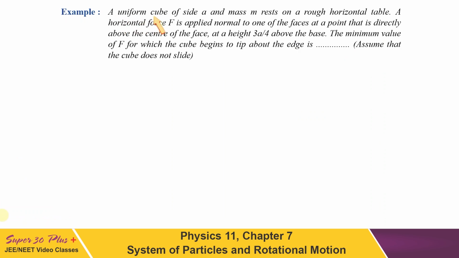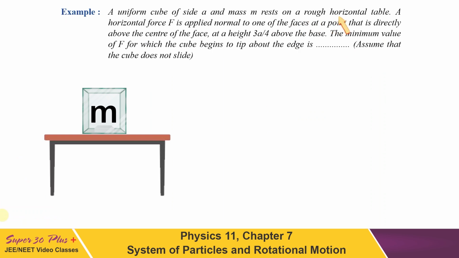One more example I have related to toppling. A uniform cube of side A and mass m rests on a rough horizontal table. Let us draw this situation. Here the surface is rough.